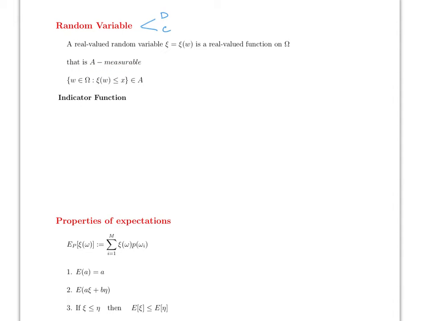So this may be a new thing that you may have never seen before. So I will explain what that means. A-measurable means the following: any set of this form, which means that for all the omega that are part of the sample space such that the random variable evaluated at the value omega is less than or equal to some x, that this set belongs to the algebra.